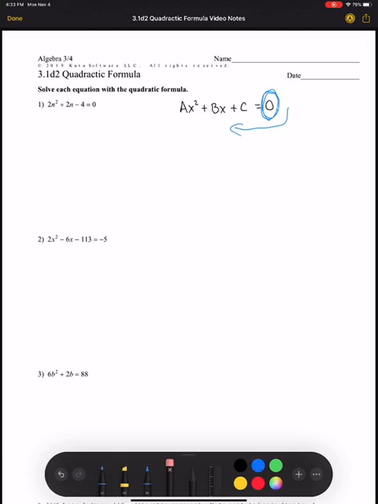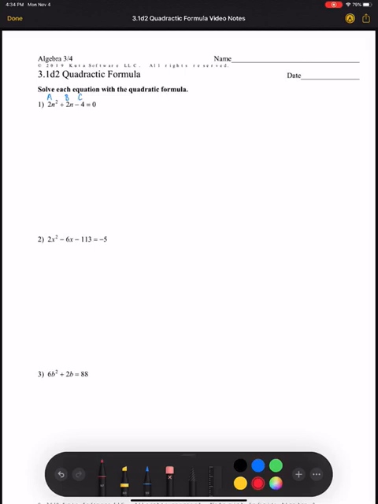So with example 1, I have 2n squared plus 2n minus 4 equals 0. So the right side of my equation is 0, so I'm good there. If I look, I have an a value of 2, b is also 2, and c is negative 4. So what I'm going to do is use these values and the quadratic formula to solve this equation.